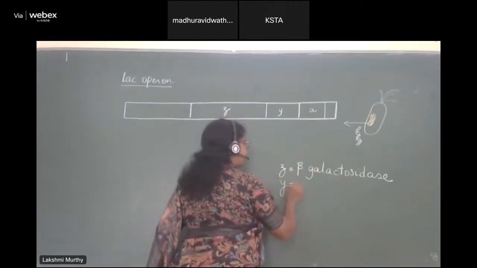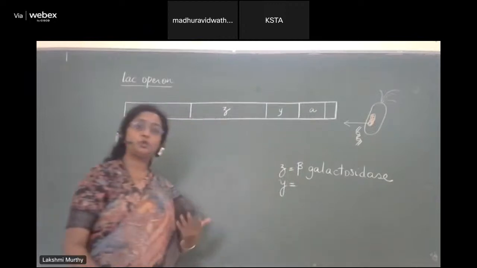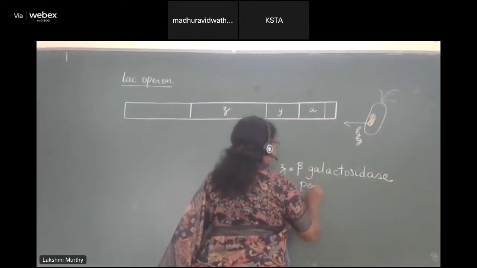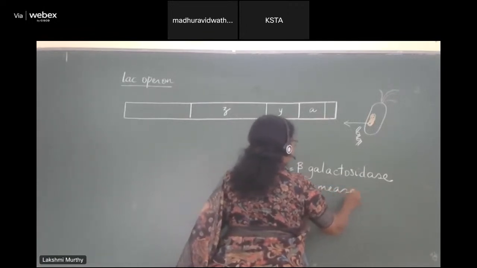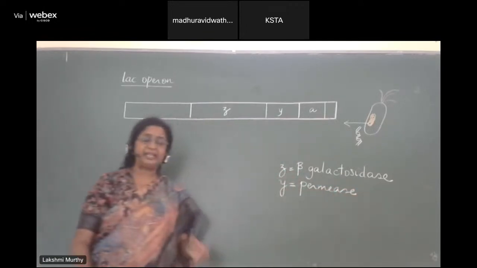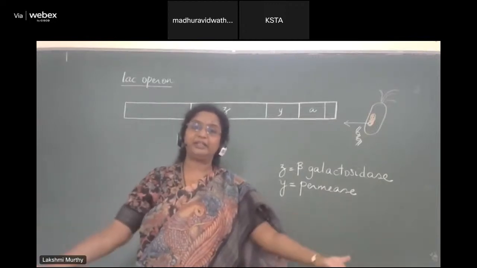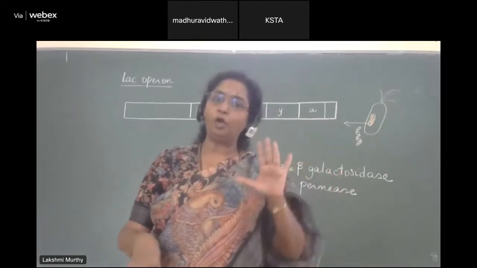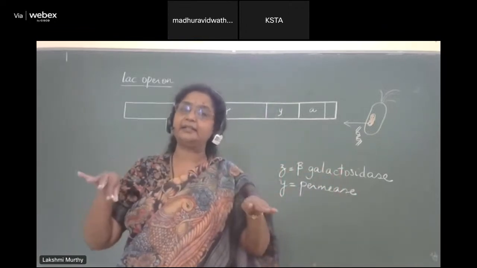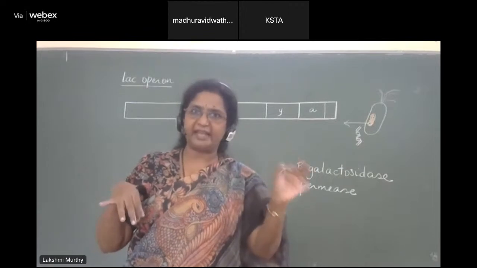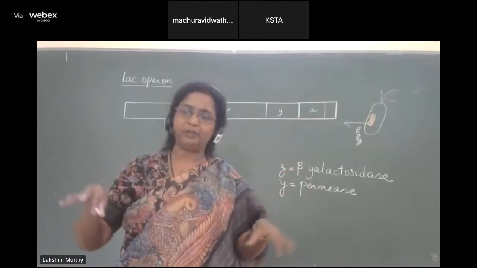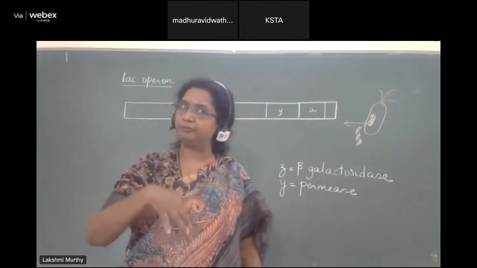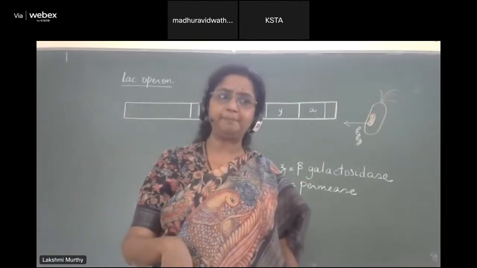The Y gene, which is present here, codes for an enzyme called permease. Now, what is this permease? Permease will help in increasing the permeability so that a lot of lactose can enter the E. coli cell. E. coli will always have a certain standard level of permeability. There are channels present on the E. coli cell membrane so that lactose can enter from the outside nutritive medium into the cytoplasm.